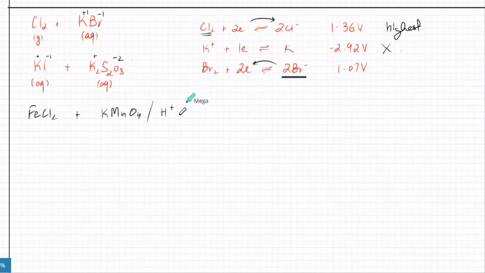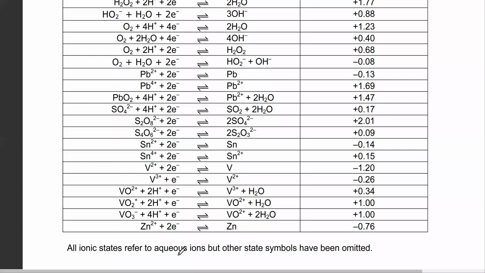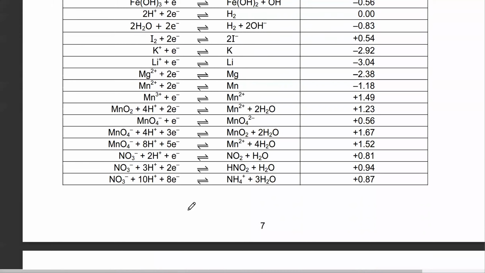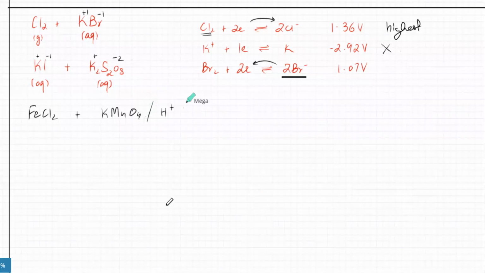Acidified just means that if there is an H plus involved in the equation, for example MnO4 minus, every time you have MnO4 minus there's H plus next to it. So when they say acidified, it's not a reaction with the acid. You don't have to worry about H plus, it's just that the equation will have H plus in it.